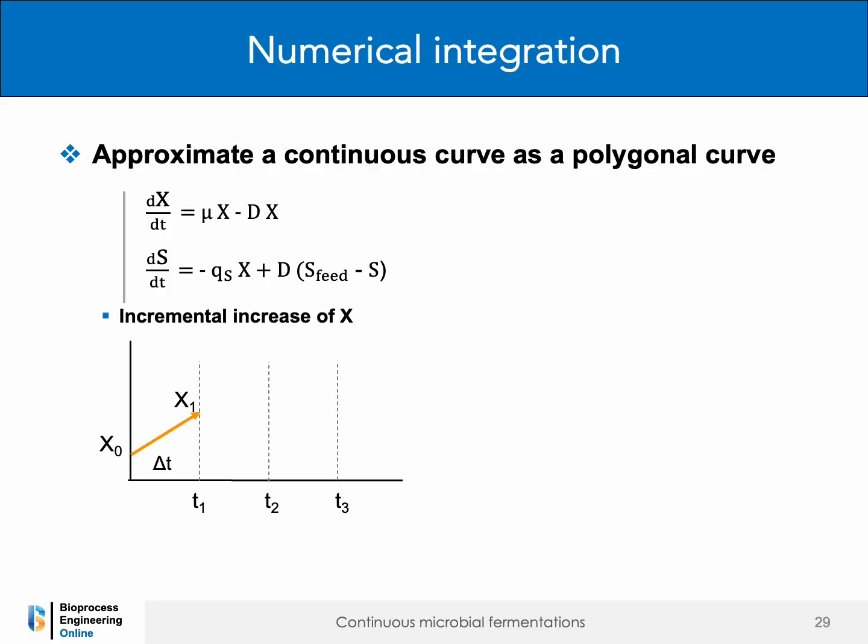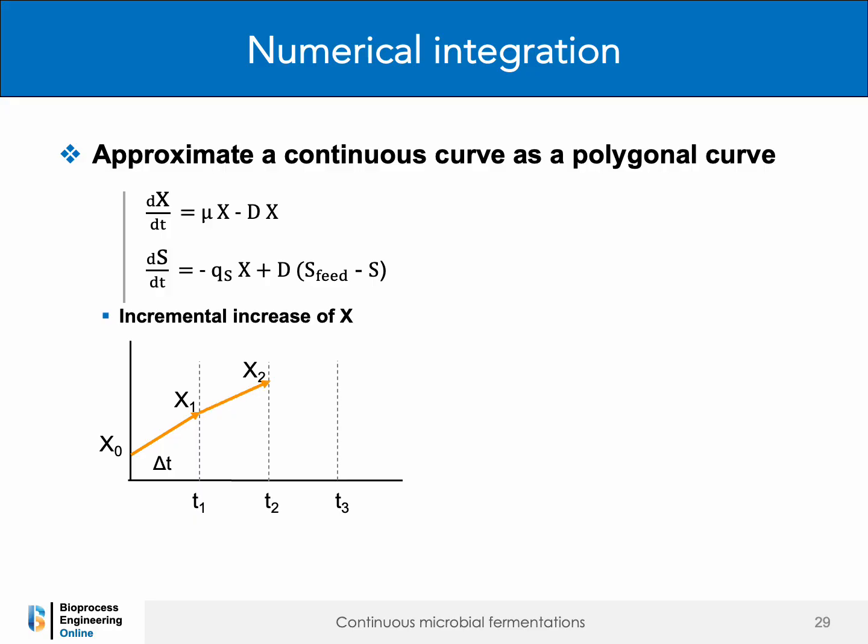For the biomass concentration X, the integration starts from the initial concentration x0. A straight-line segment is drawn from x0 with a slope equal to the time derivative dx over dt, evaluated at time t equals 0. This yields the biomass concentration x1 at time t1 equals delta t.